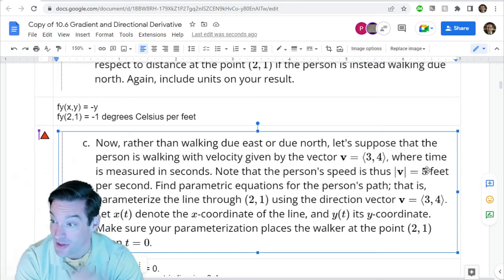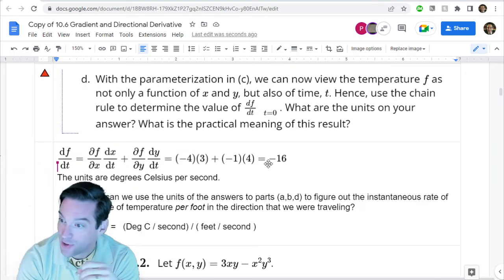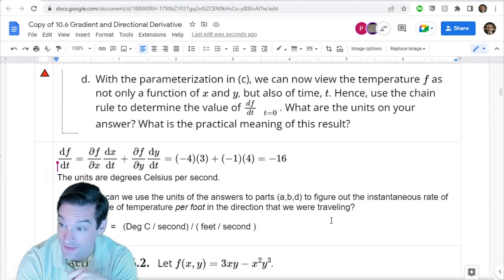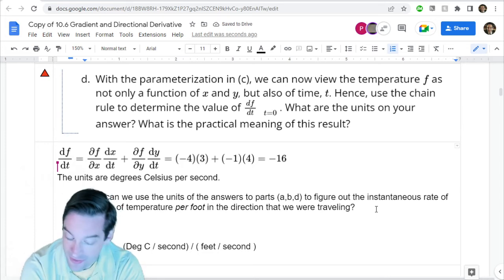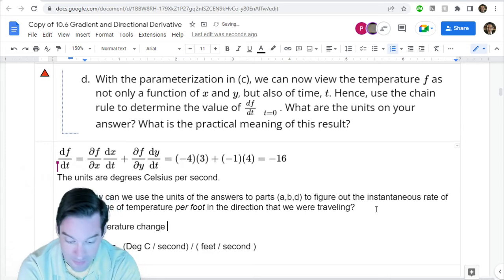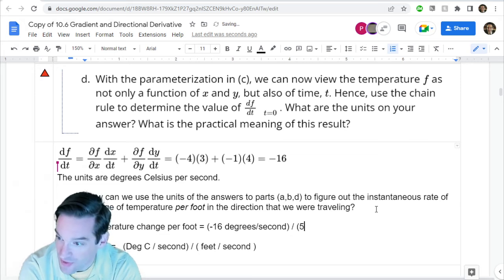So that's, I think, the reason that the authors put this note in the statement of part C: note that this person's speed is 5 feet per second. If we know that person is experiencing a temperature change of negative 16 degrees per second, then to figure out how the temperature is changing per foot, all we have to do is take that negative 16 degrees Celsius per second and divide it by the person's speed, which is 5 feet per second.